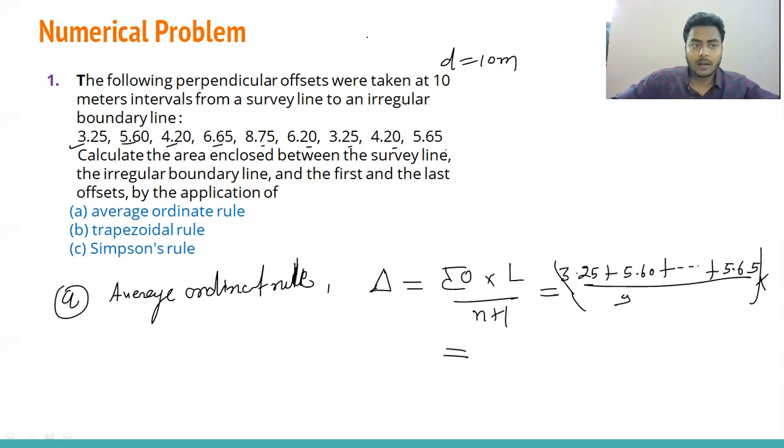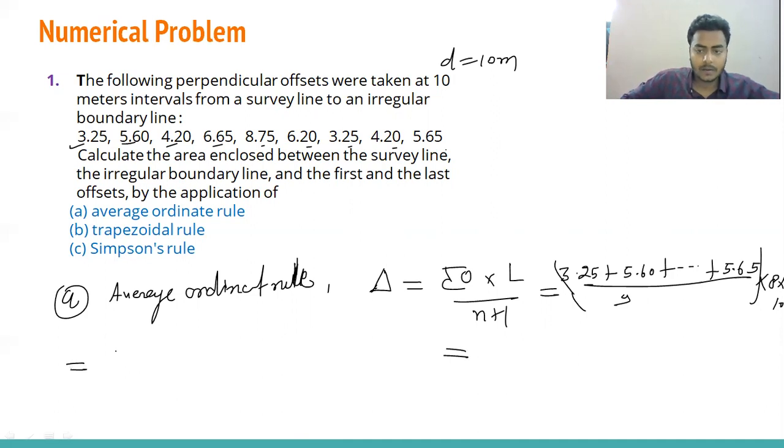L here is 10 meters times the number of divisions. Total ordinates is 9, so the number of divisions is 8, so L is 8 into 10.